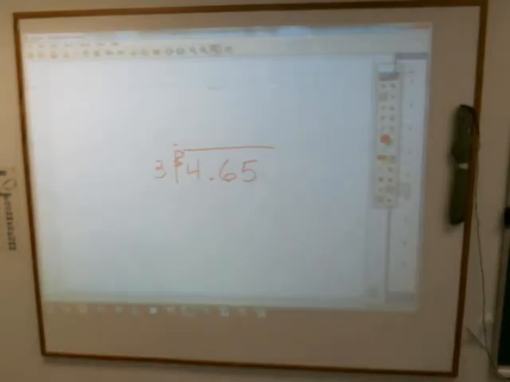If you get a remainder, you probably went wrong somewhere, because we will not get remainders in this set. This should work out evenly.